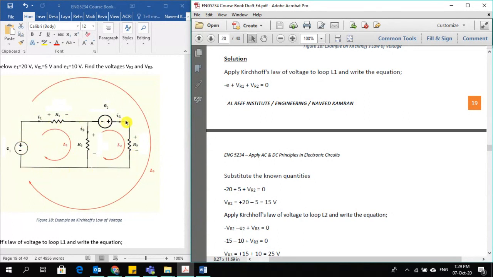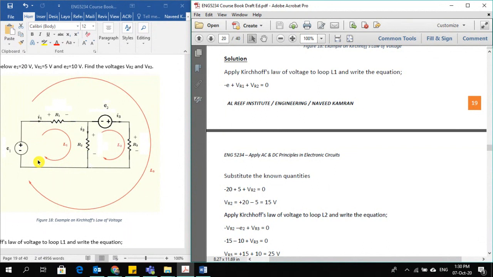You can see where I am hovering my mouse cursor: here you have voltage source E1, then R1, then voltage source E2, then R3. So this is your outer loop, the third loop. Now my problem is to find the voltage on this resistor. This resistor is in loop 1.